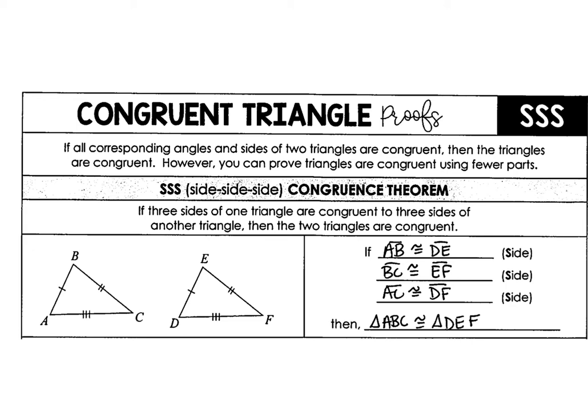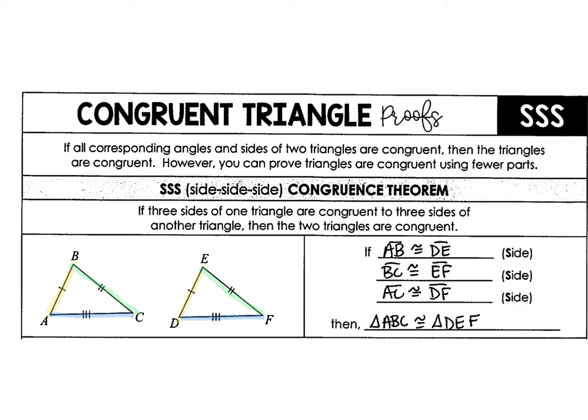And so you'll notice that we have side AB, and it has that congruence mark corresponding to side DE. You can see that side BC has the congruence marks that correspond to EF, and you can see that AC has the congruence marks to DF.